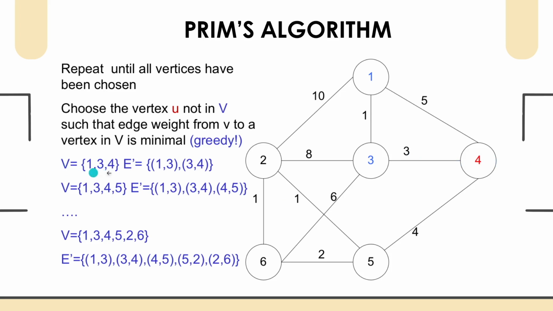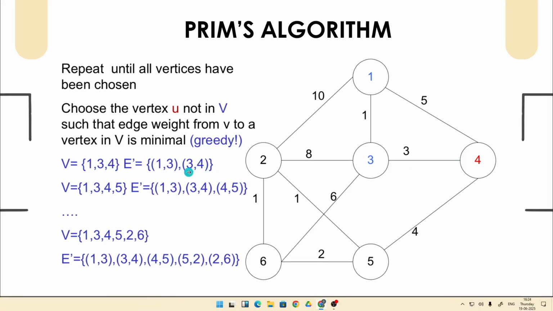Now the cloud contains elements 1, 3, 4, and this is the newly added edge, so we have added the pair of vertices 3 and 4 to the edge set. In the next step we begin exploring 5 because it is the one with the least cost. We add 5 to that set, and this new edge gets added to the edge set.